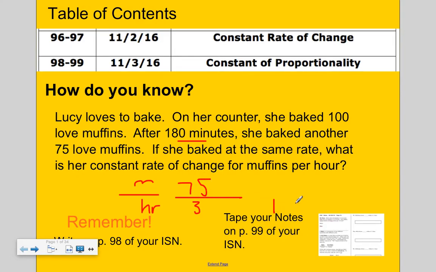But I want to find how many muffins she can bake in 1 hour. So I could multiply by a scale factor of 1/3, or I could just divide by 3. 75 divided by 3 is 25 muffins for every 1 hour.